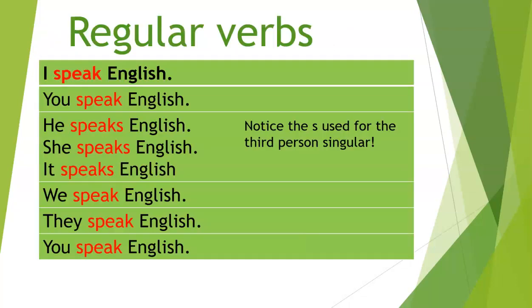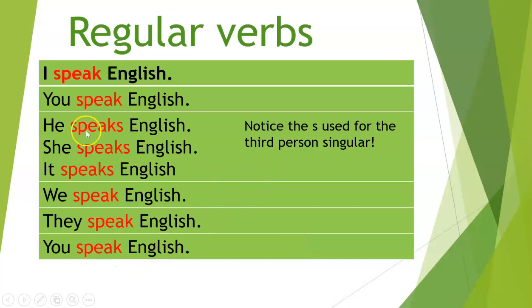Normally it looks like this, and this is for what we call regular verbs, which means for most verbs we would say I speak English, you speak English, he speaks English, she speaks English, it speaks English, they speak English, and you speak English.